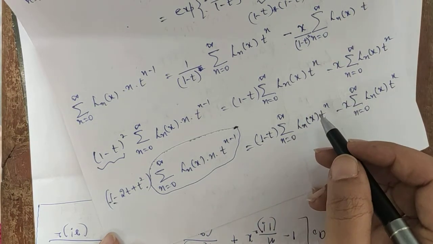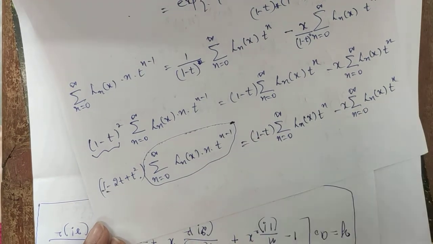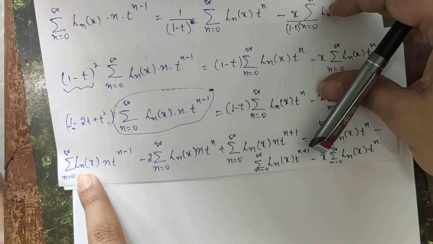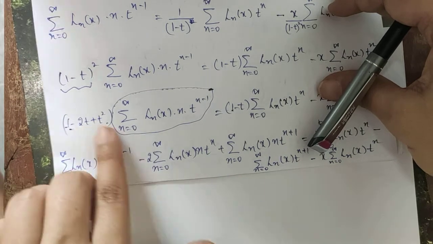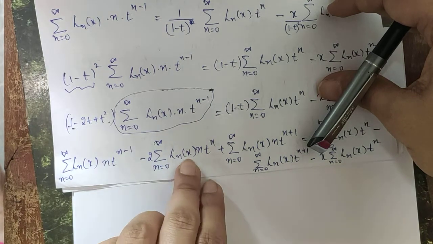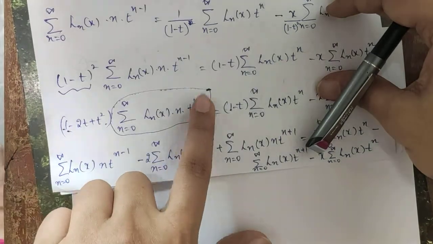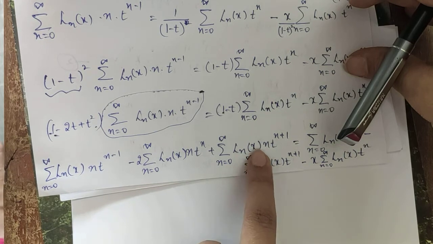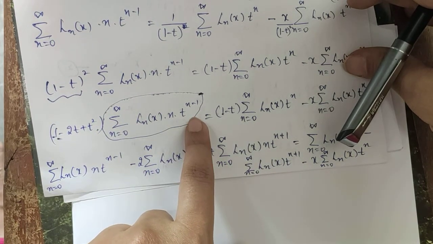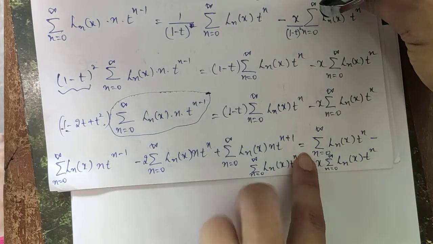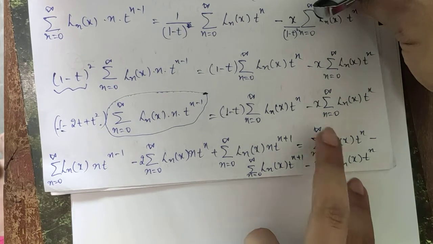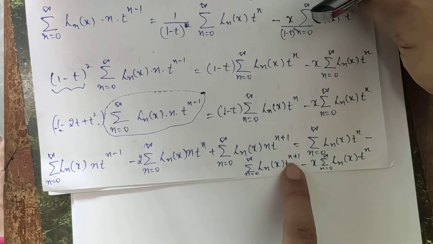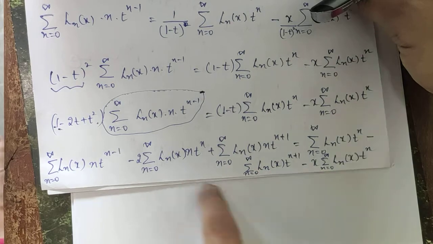After simplifying, you will get an equation as summation n equals 0 to infinity L_n of x n into t power n minus 1, minus 2 into summation n equals 0 to infinity L_n of x n into t power n minus 1 gives you t power n, plus summation n equals 0 to infinity L_n of x n into t square into t power n minus 1 gives you t power n plus 1, is equal to 1 into this term, you will get summation n equals 0 to infinity L_n of x into t power n minus t into t power n is t power n plus 1, minus x into as it is. This is what you will get, right?